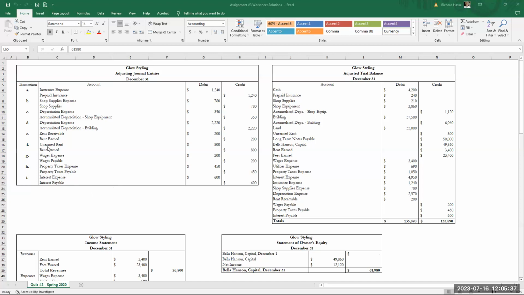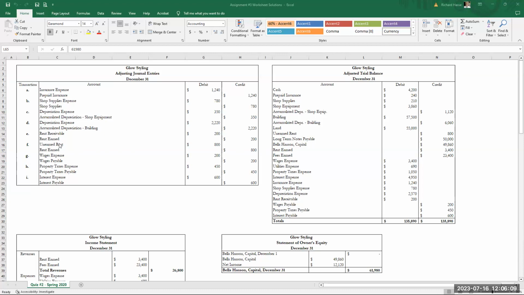So you're going to debit the unearned rent account $800 and credit rent earned $800, showing that that amount of rent that was paid in advance now has been earned and can be recognized as rent earned in revenue. Notice the unearned rent account, which had $1,600 in the unadjusted trial balance. You have to make sure you account and post that unearned rent debit of 800 to now bring the unearned rent balance to $800 credit.